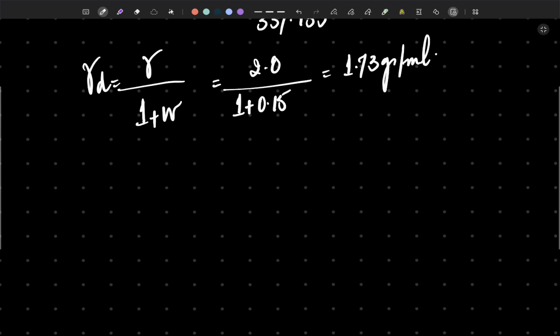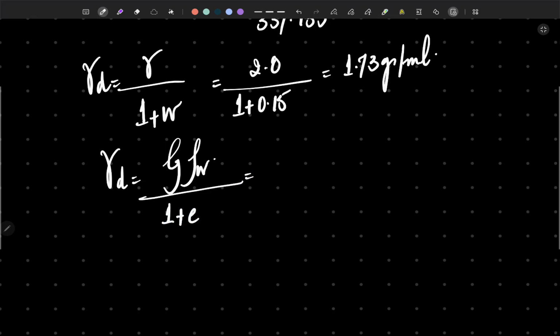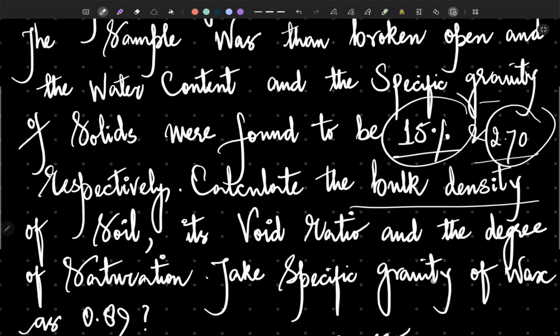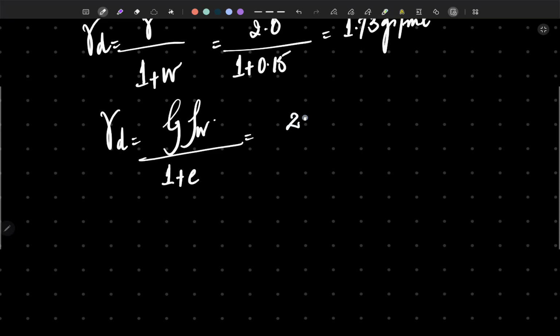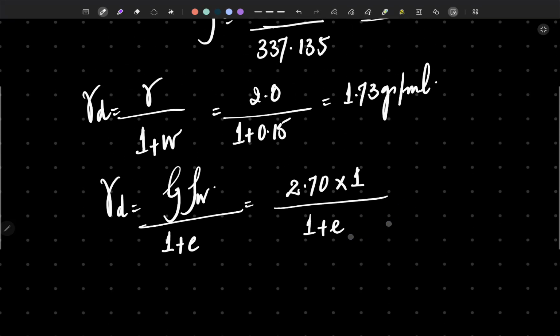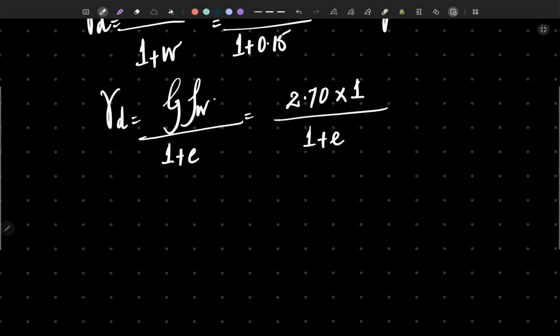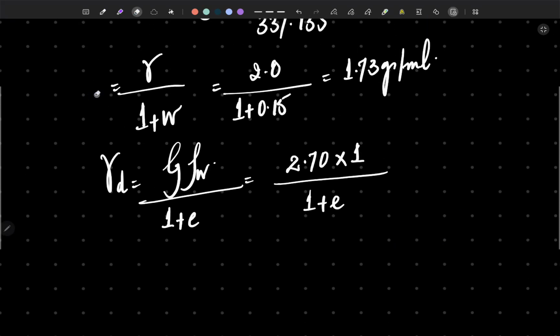I'll be using another alternate equation of dry density, that is G rho W divided by 1 plus e. G of soil solids is 2.70, density of water 1 gram per cc or per milliliter, divided by 1 plus e. Here I'll be substituting the value; I already know the value of dry density.